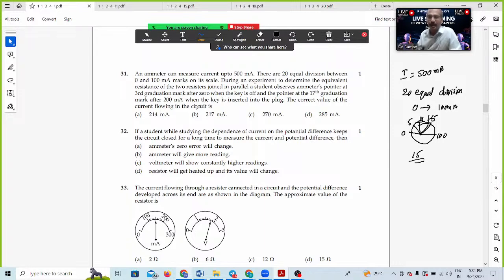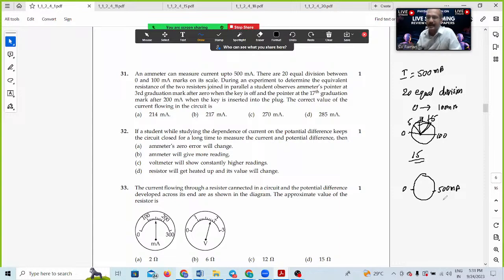Now we need to calculate the least count. What is least count? Least count is the minimum value we are able to count. So the ammeter can measure up to 500 milliamperes, 0 to 500 milliamperes. There are 20 equal parts.